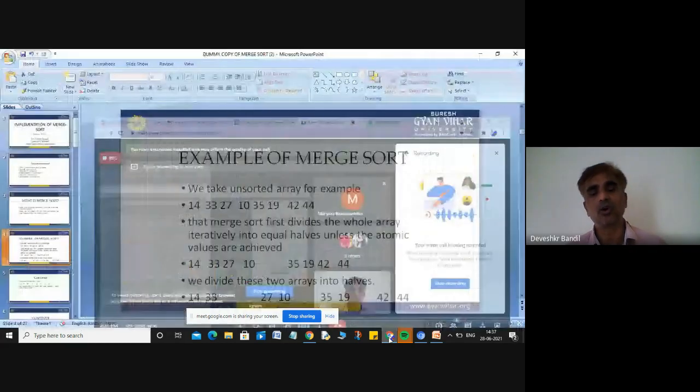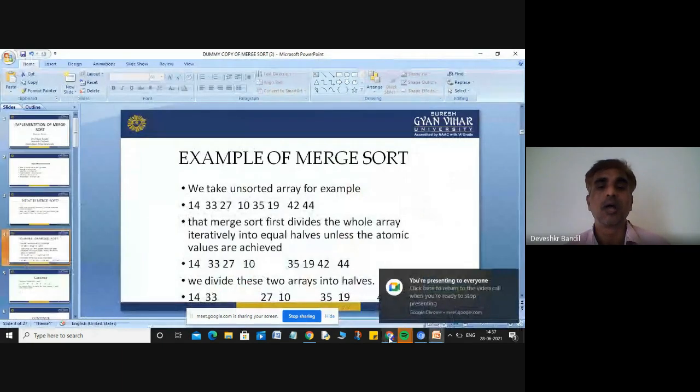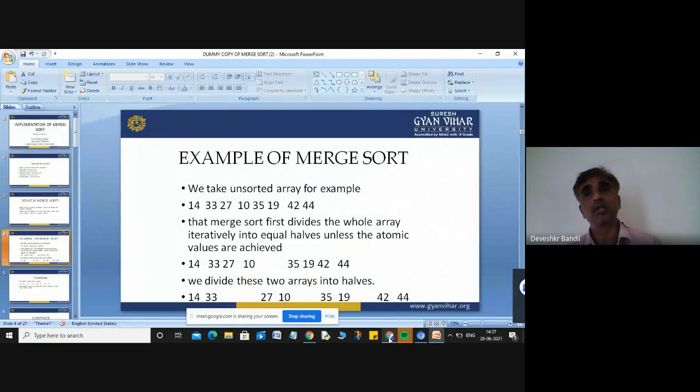In merge sort, first of all, I will take an unsorted array, because in a sorted array all items are already in sorted fashion, so sorting is not required. Sorting is required only where items are not in sorted fashion.